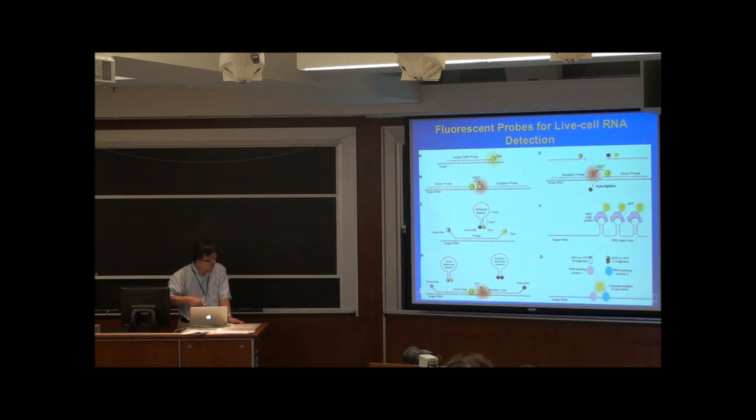Only when both beacons bind to the target do you have signal. Otherwise, you have no signal. Even if the beacons are degraded, you will not have FRET signal, because individual dyes will not give you FRET. So that's the beauty of this assay format.